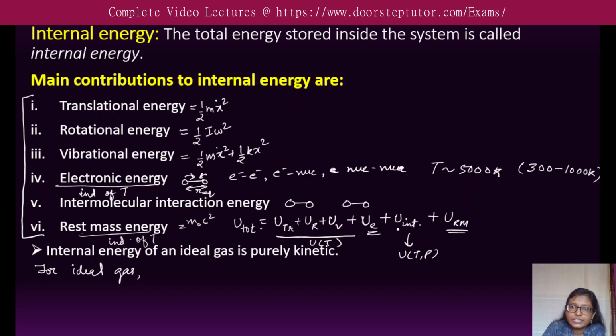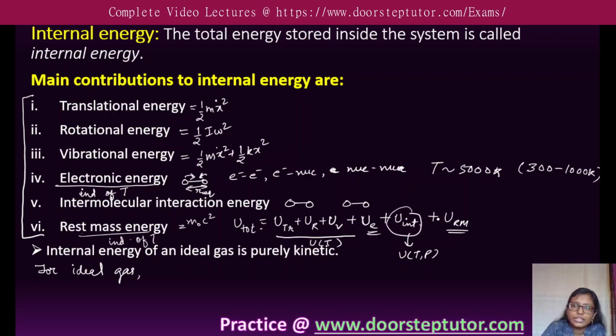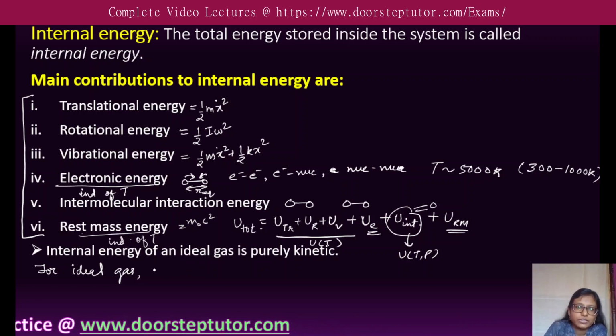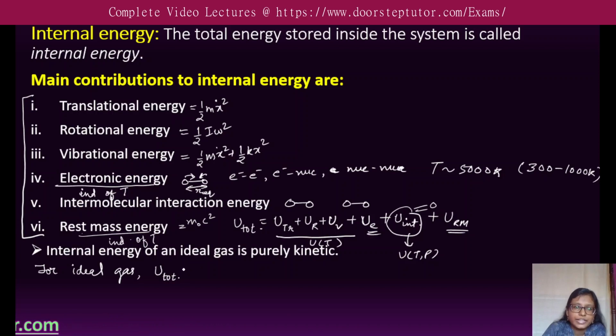So for ideal gas, this energy term will be 0, and total internal energy for ideal gas will be due to translational energy, rotational energy, and vibrational energy plus some constant.